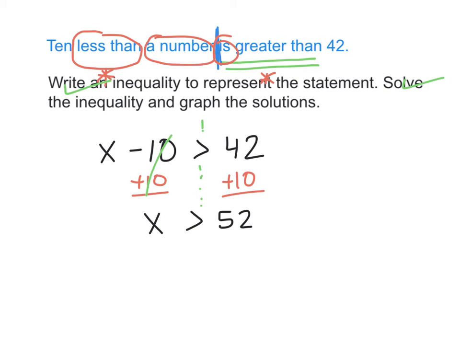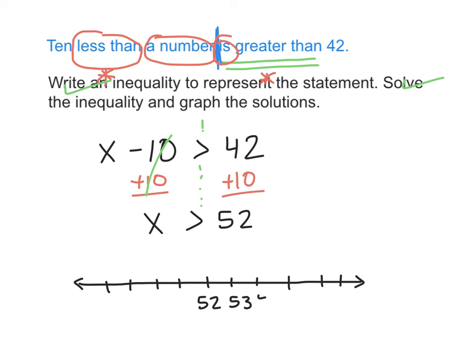We need a number line graph. And I'm going to put my tick marks, but I'm not going to worry about the fact that this number is 52. I'm just going to do what we've done before. I'll stick 52 close to the middle and keep numbering. 53, 54, all the higher numbers go this way. 55, 56, 57.